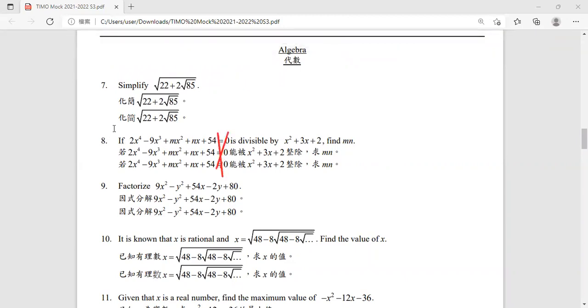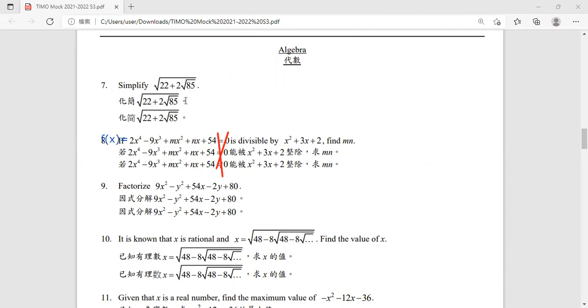Actually, let f of x equal to this one, which is divisible by x squared plus 3x plus 2. I will discuss question 7 first.